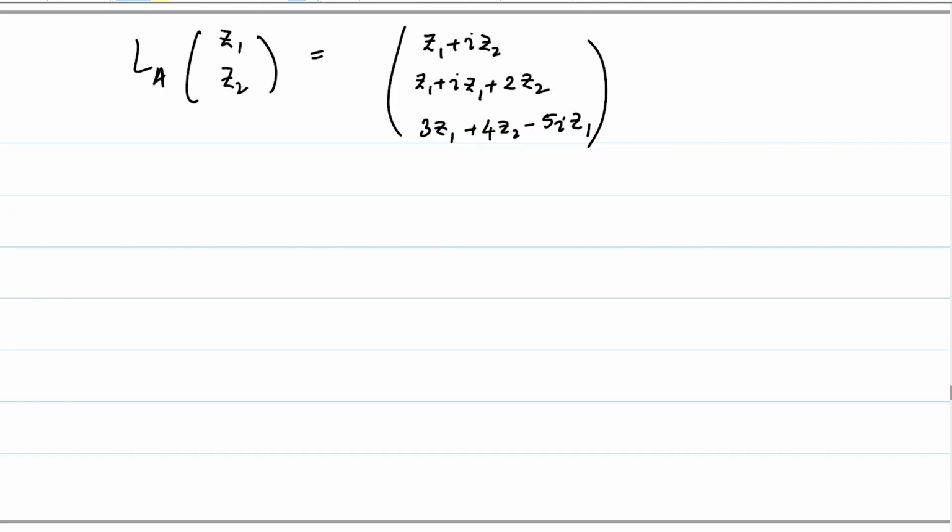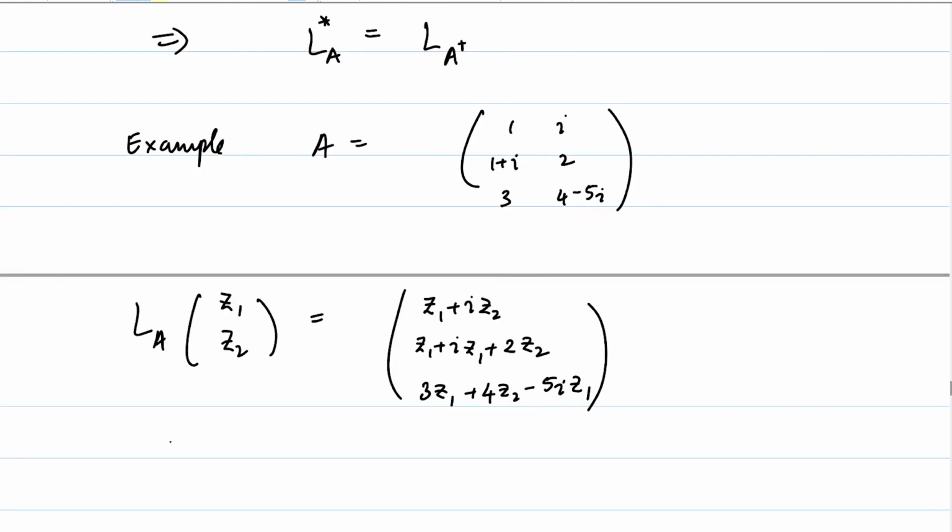And without any complications, we can just say that the adjoint of A is the matrix with rows 1, minus i, 3, minus i, 2, 4 plus 5i. And therefore, what is going to be the adjoint of L_A? This is going to be from C^3 to C^2. So w1, w2, w3 is just multiplication by this matrix.